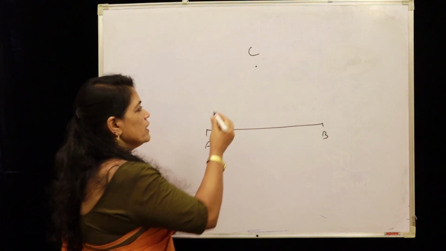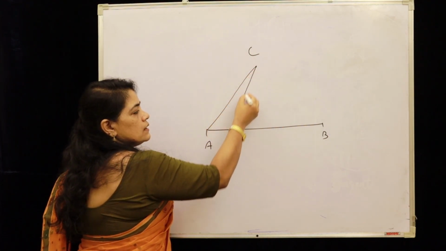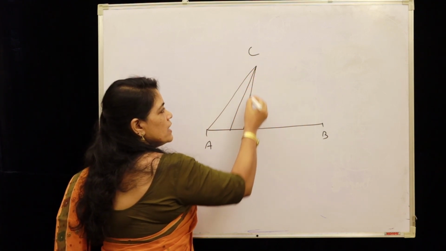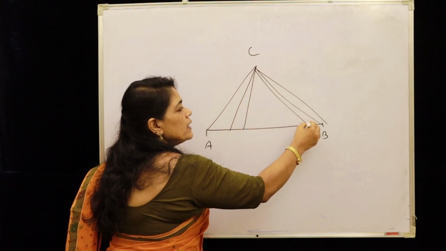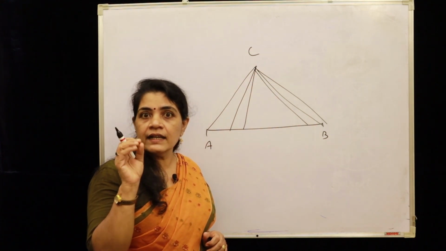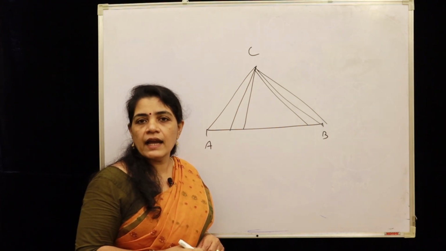If you join AC, these are the different ways that this point C can be joined, but these are not the exact distance between the point C and AB.